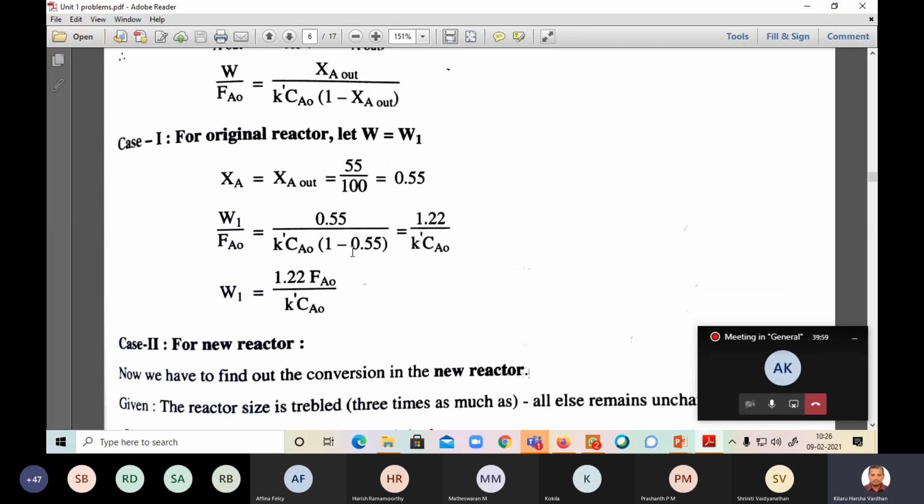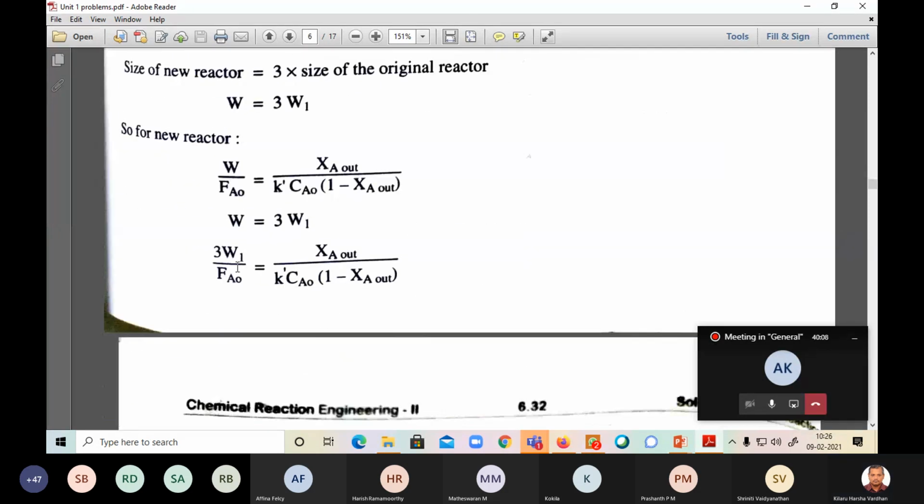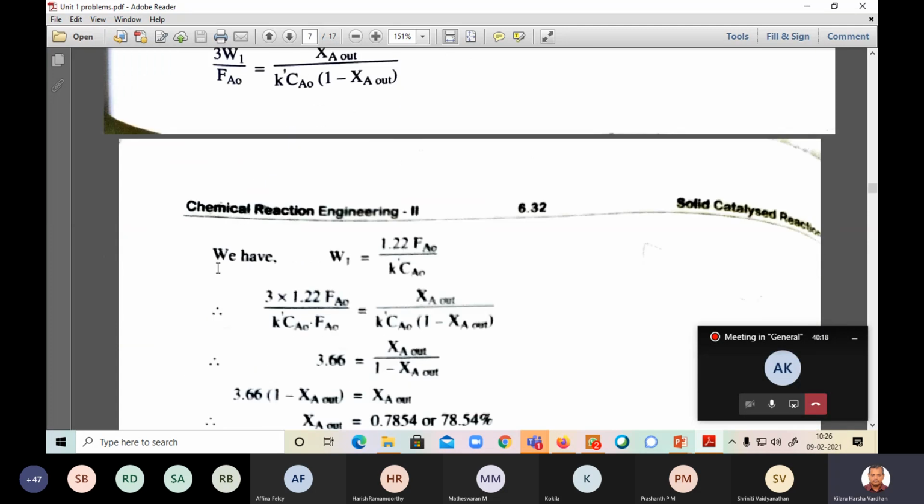Here only one thing changes. This is going to be the same. Only here it will be half. Instead of 3, it will be 1 by 2, right? The rest of the thing is going to be the same.